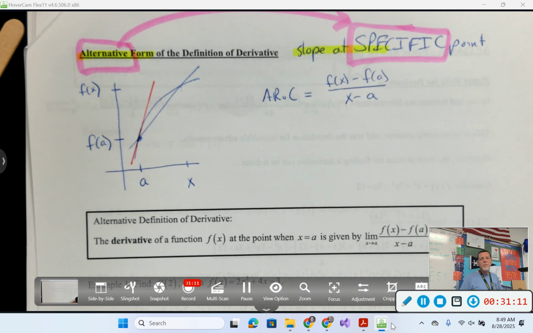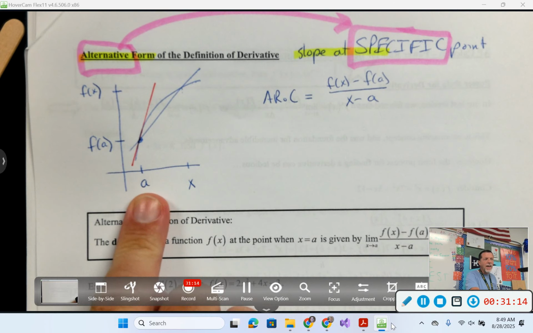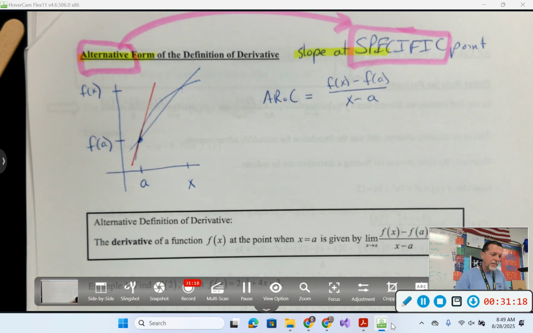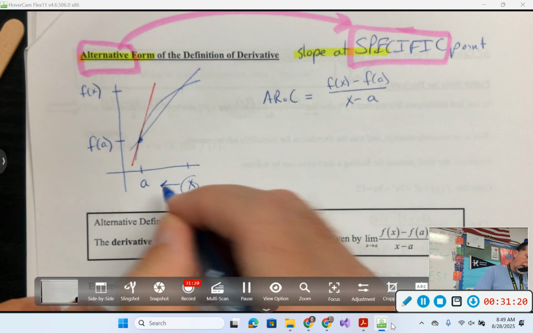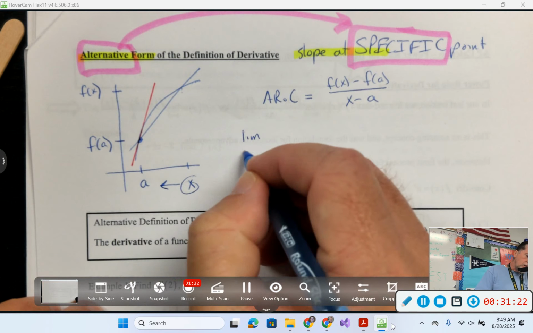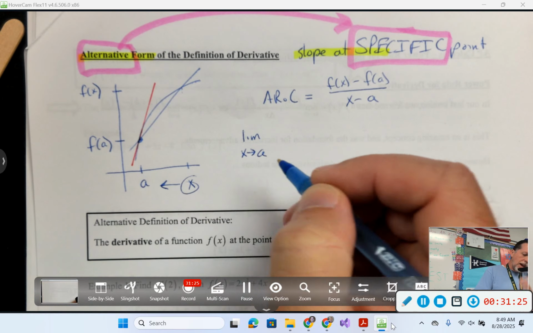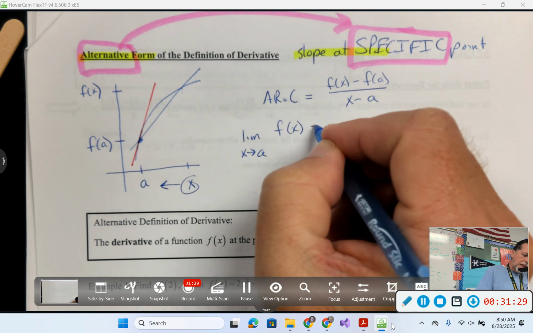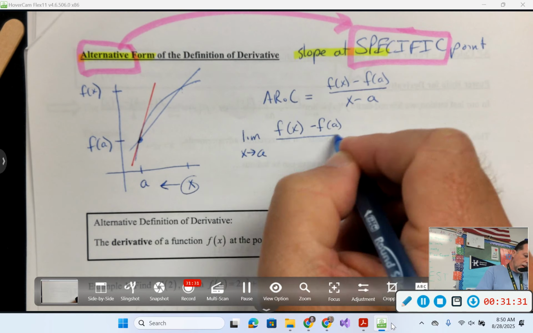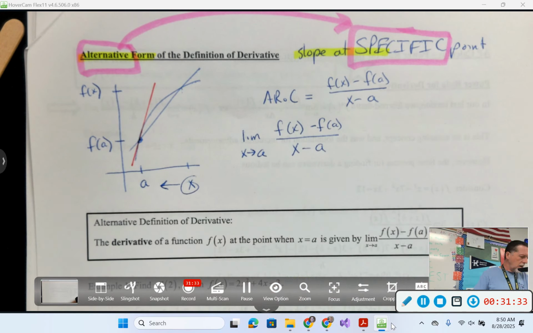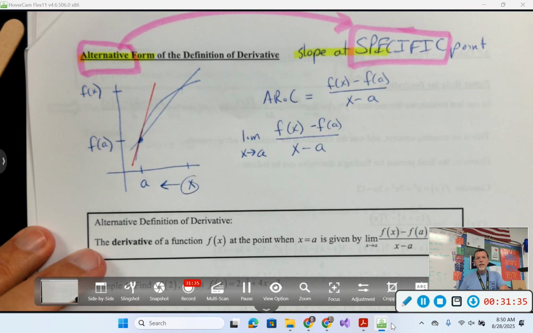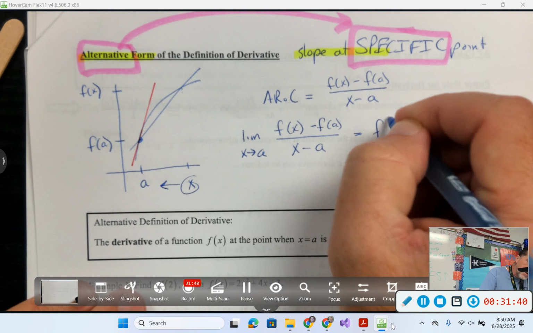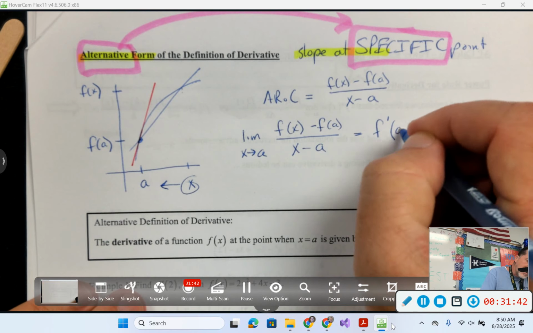So what could I move on this one? I can't move a because I want the slope at a. Let's move x. Let's move x toward a. So the limit as x approaches a, and then we'll just use the same algebra slope formula. And this is maybe weird, but this is the slope, not at any x, but at a.